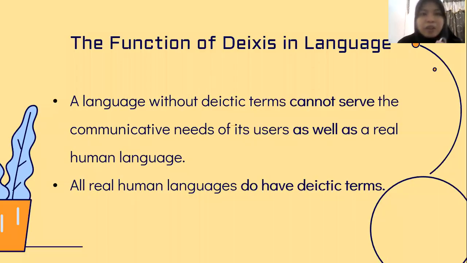And this is the function of deixis in language. A language without deictic terms cannot serve the communicative needs of its users as well as a real human language. All real human languages do have deictic terms.